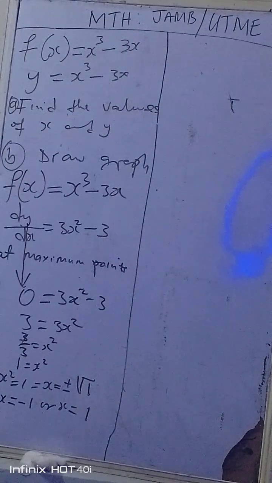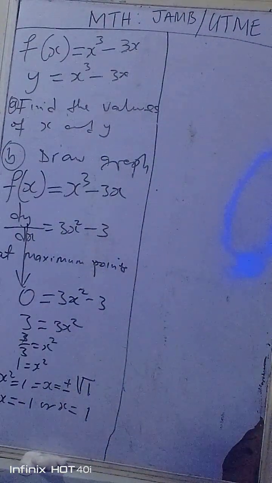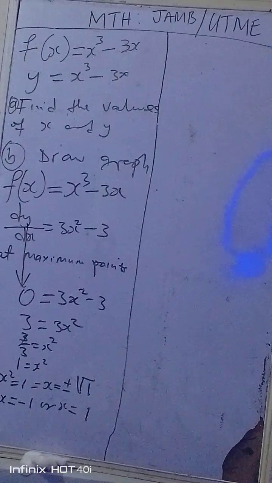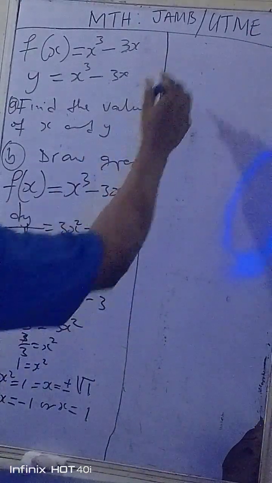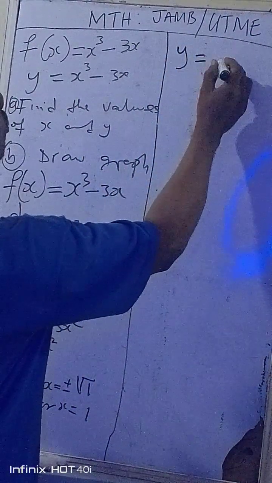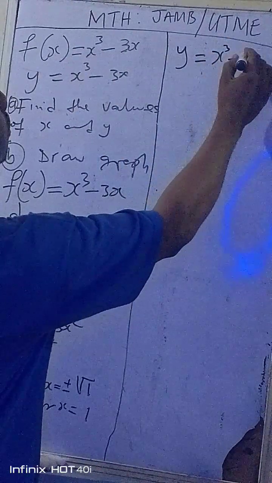So it means wherever we have to find the value for y, wherever we see x, we are going to put minus 1 and plus 1. So if we do so, I'm going to have y is equal to, we are looking at this now, right?